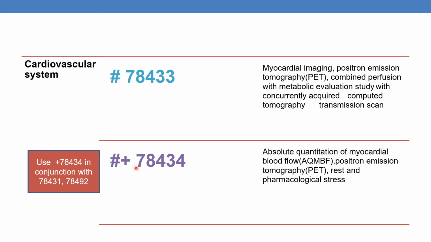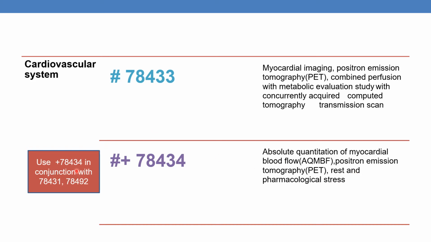Coming to the next CPT, it is an add-on code, plus 78434. The description is absolute quantitation of myocardial blood flow, AQMBF, positron emission tomography, rest and pharmacological stress.